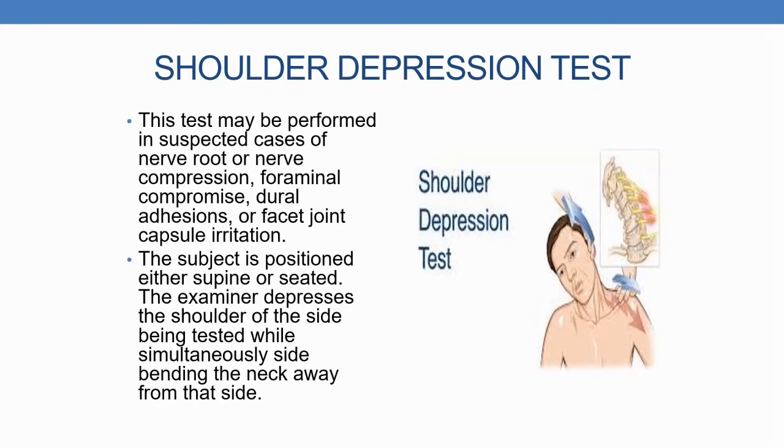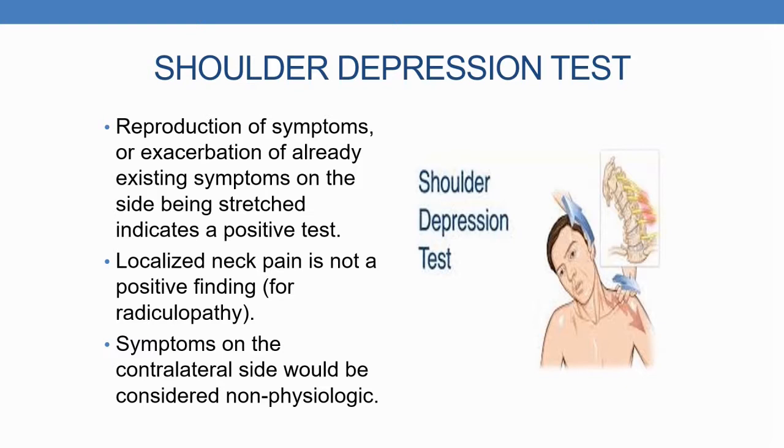So, for example, if you're testing the left nerve roots, you would depress the left shoulder, thereby stretching and tractioning the nerve roots, and then you would laterally flex the neck to the right to further increase the stretch of those nerve roots across a disc bulge, across perhaps an osteophyte in the cervical spine, or otherwise tractioning those cervical spine nerve roots at the spinal cord.